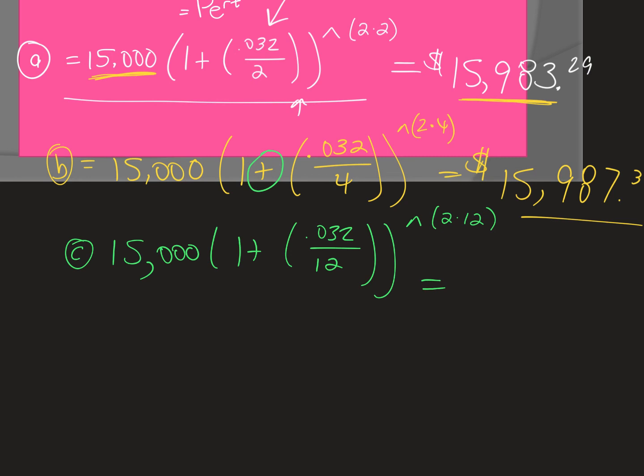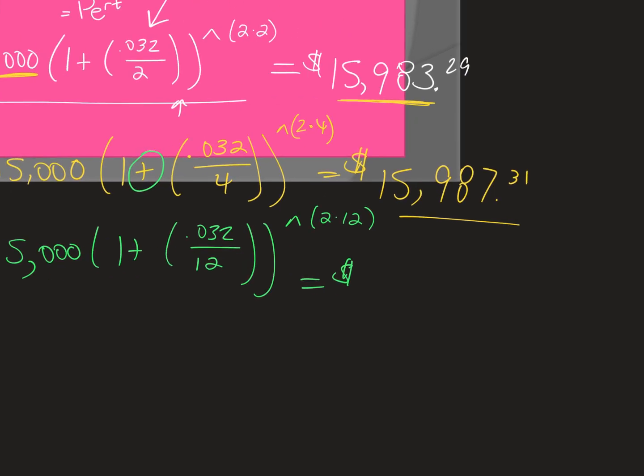Same setup. 15,000, 1 plus, parenthesis, 0.032 divided by 12, close, close, and then you're going to raise that to the 24th power. What do we get? 15,990.02. Okay, good. Again, not a major jump.